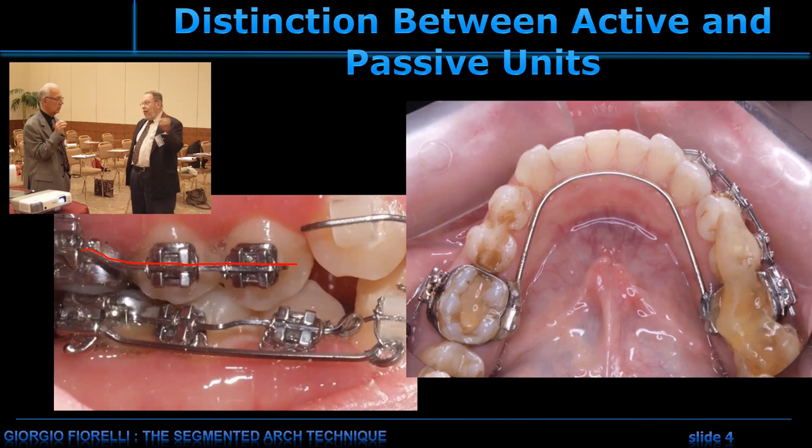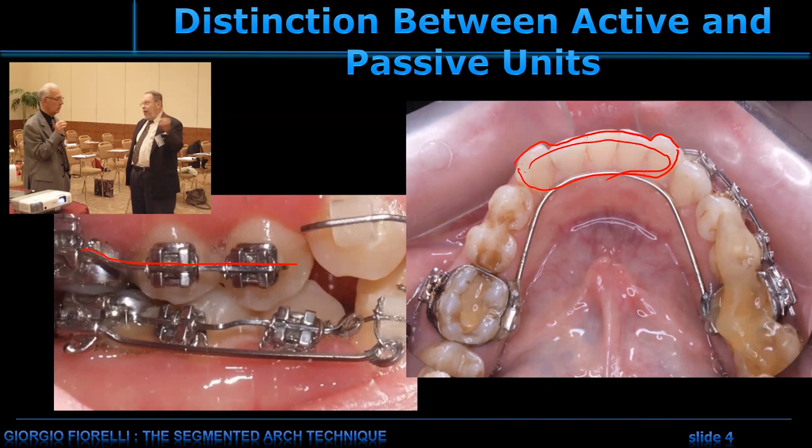You do this very often on reactive units, but very often also on active units when you want to move teeth as a group. So for example, if I want to move these, let's say, 5 teeth as a single group, I will bend a wire here that is passive, or maybe not passive, but most of the time it will be passive.